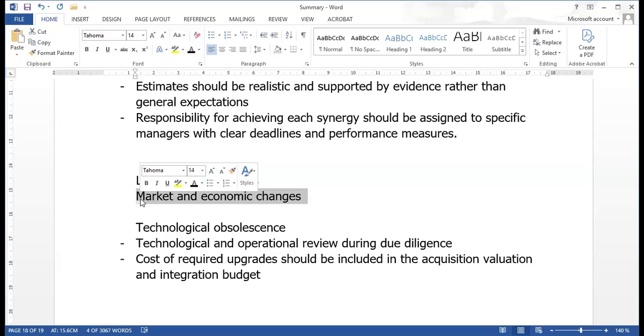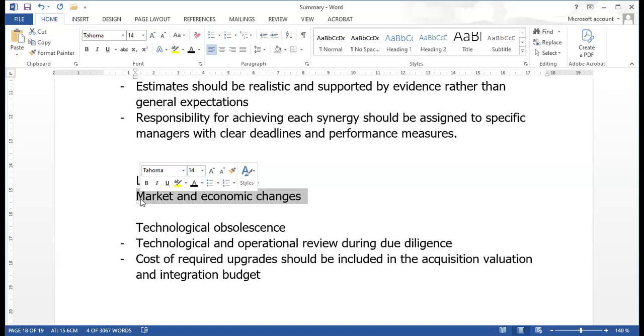So how can you safeguard that? Conduct a detailed market and economic analysis before proceeding with the acquisition. Those financial projections you are making should include pessimistic, realistic, and optimistic scenarios.